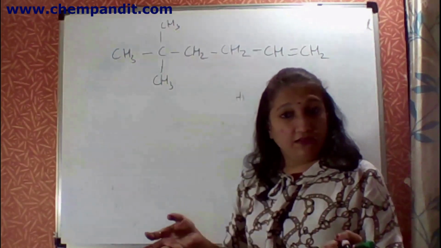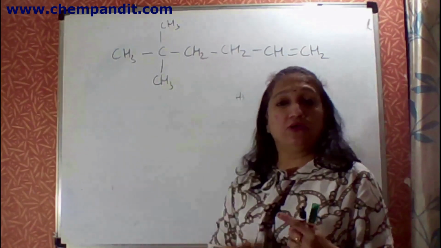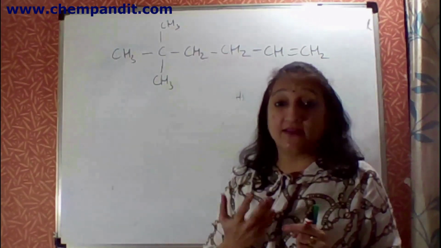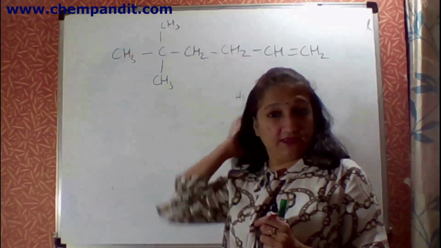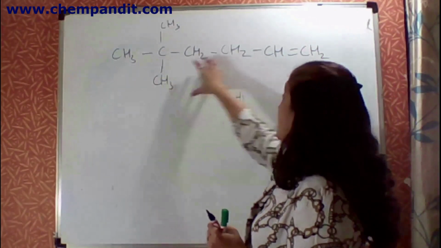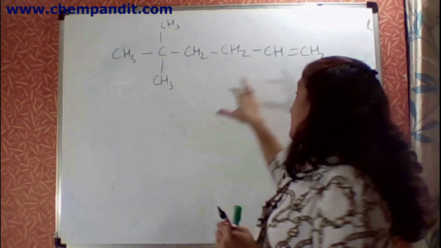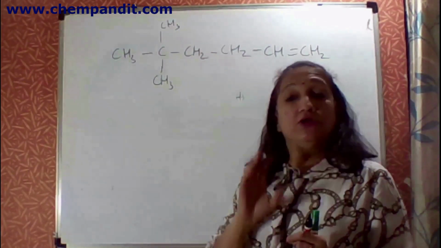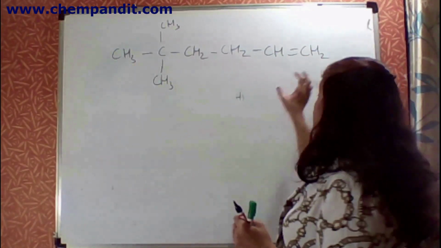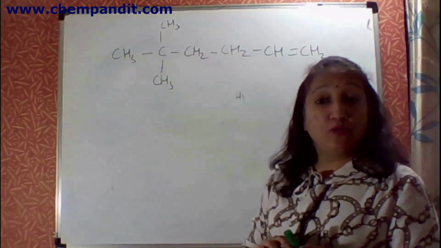What does this mean? This means that the carbon with the double bond or triple bond should get the lowest number while numbering. Clear? So, in this case, when substituent groups and double bond both are present in the carbon chain, then the priority will be given to the double bond or the triple bond, which means the carbon with the double or triple bond should get the lowest number while numbering.